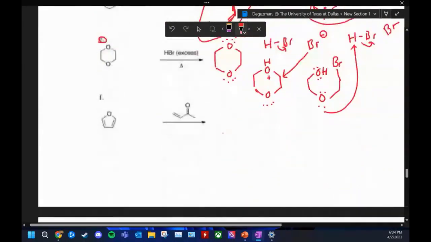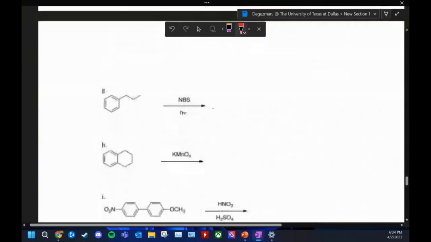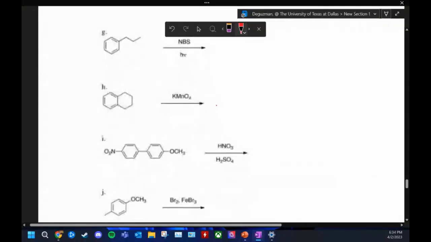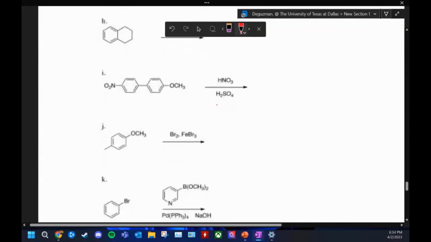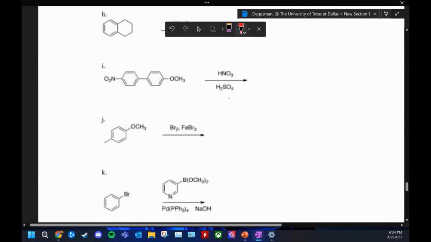Okay. Let's do an aromatic reaction. Let's do J. Okay. So we have this benzene ring, right?